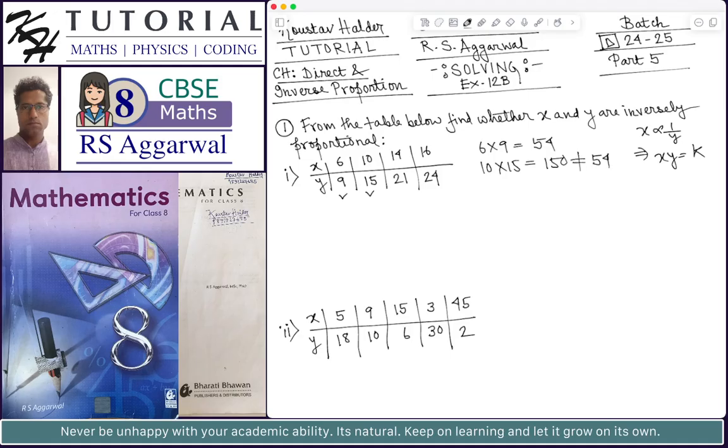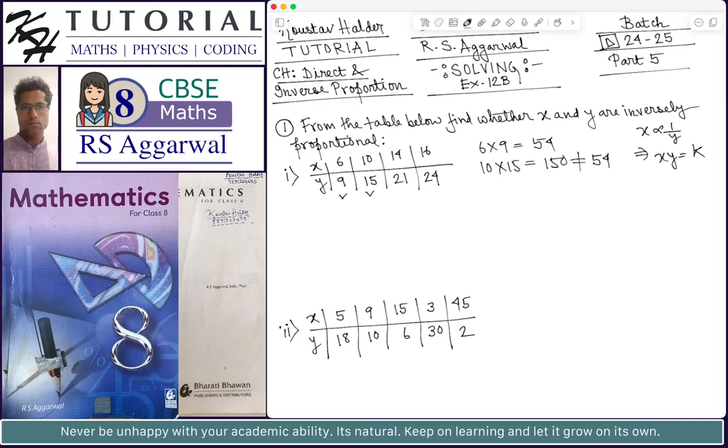So right away we can say that as per the data of the quantities x and y, the quantities x and y are not inversely related to each other, because for the first corresponding values the product is 54, and for the second corresponding values the product is 150, which is not equal to 54.